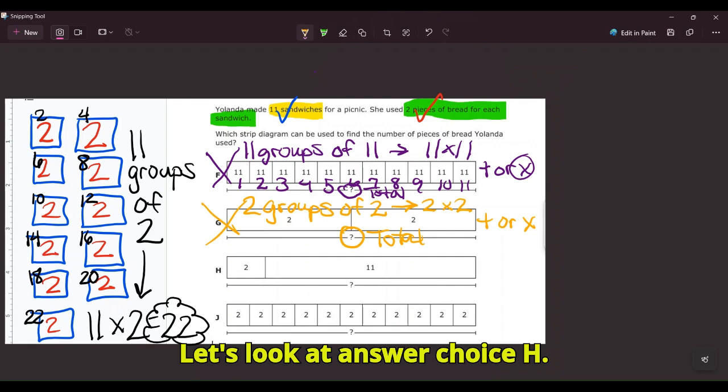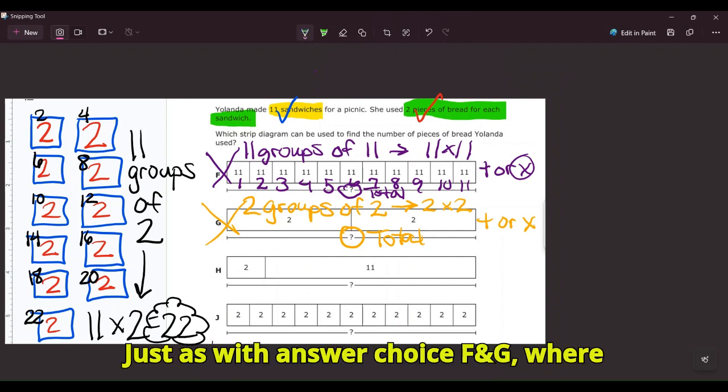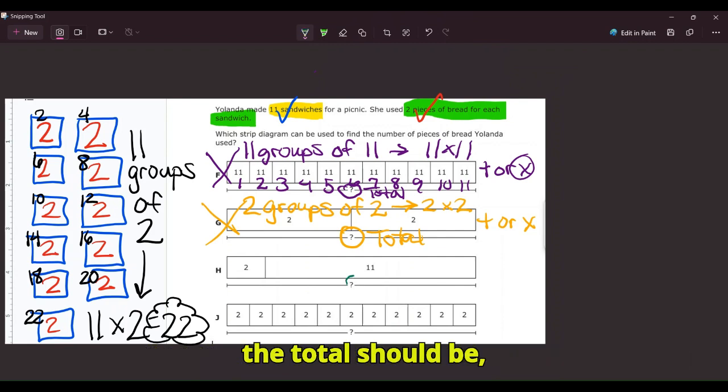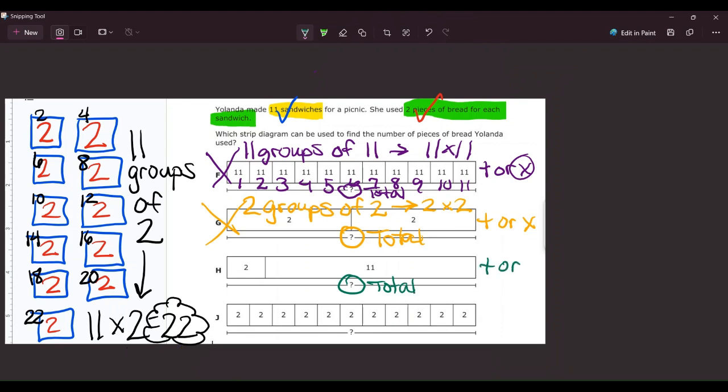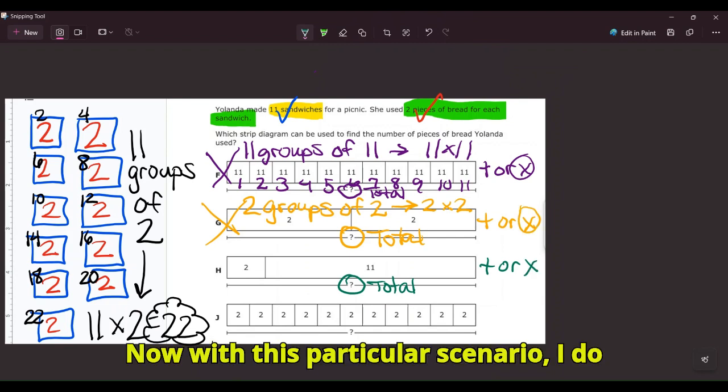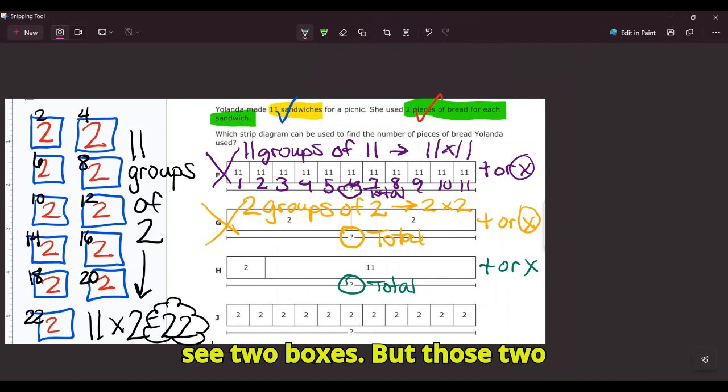Let's look at answer choice H. Just as with answer choices F and G, where the total should be, there's a question mark. Okay, that means we're either adding or multiplying. Now with this particular scenario, I do see 2 boxes, but those 2 boxes are not the same size.